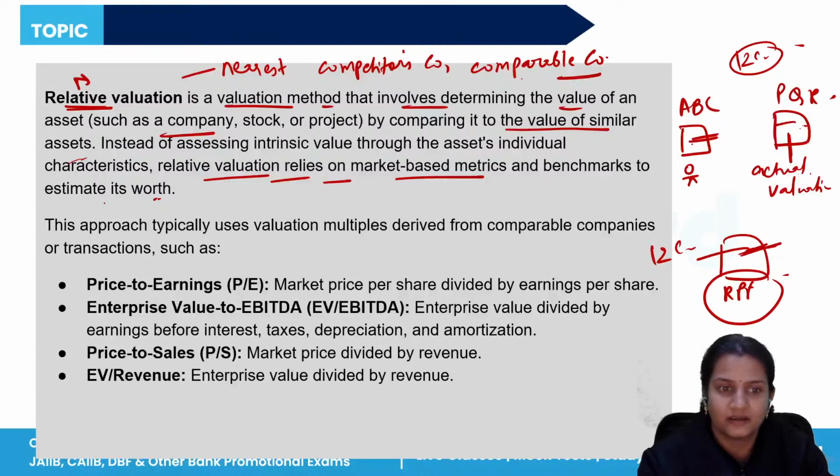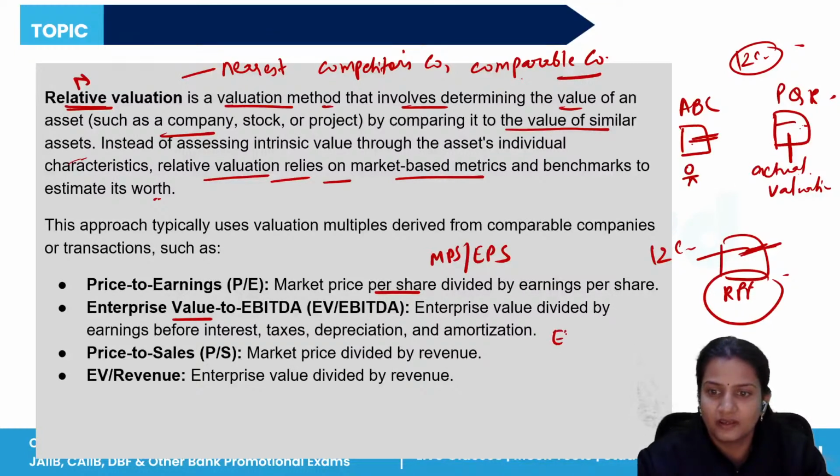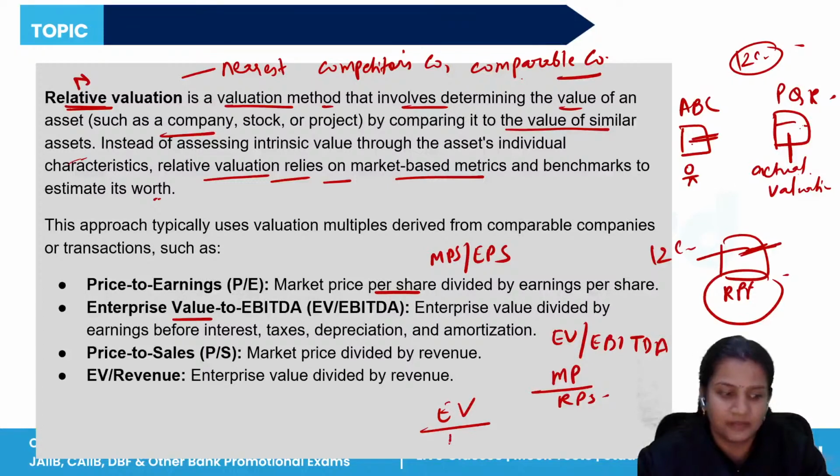Yesterday also we did price earning ratio, market price per share, MPS divided by EPS, then enterprise value, EV divided by EBITDA, price to sales, market price divided by revenue, then enterprise value divided by revenue. So these are the valuations of those companies which are being compared to a similar nature company to get the worth of the company.